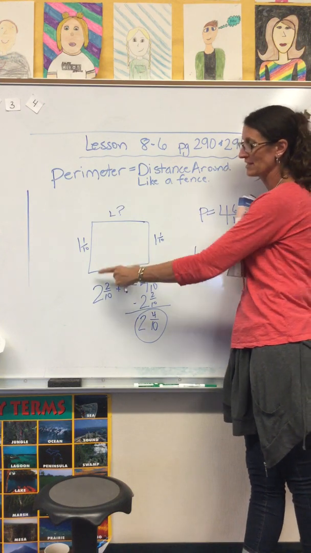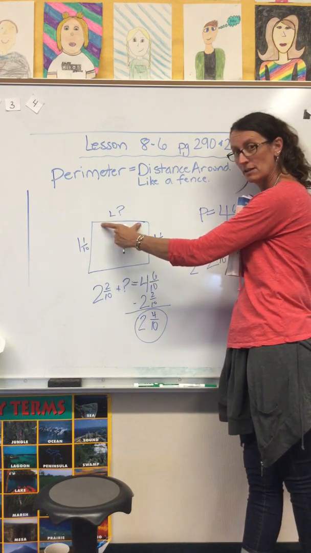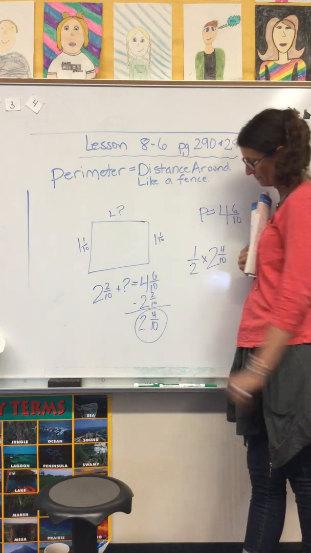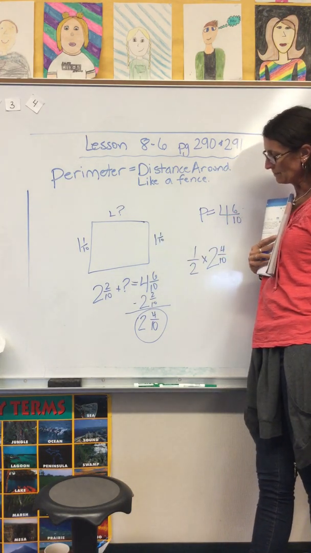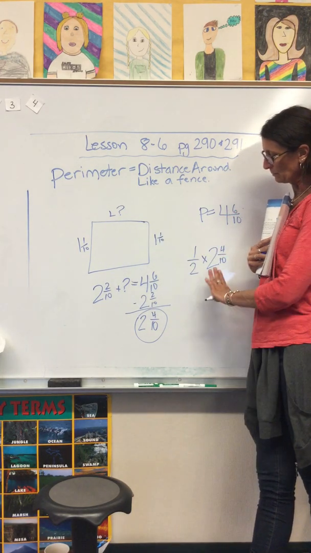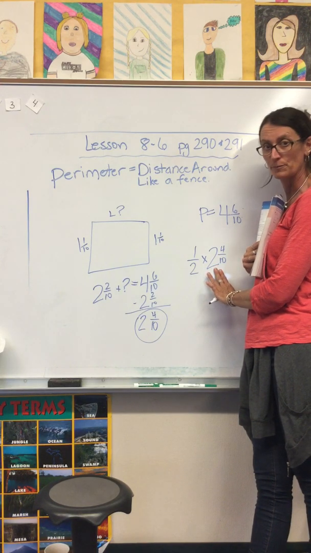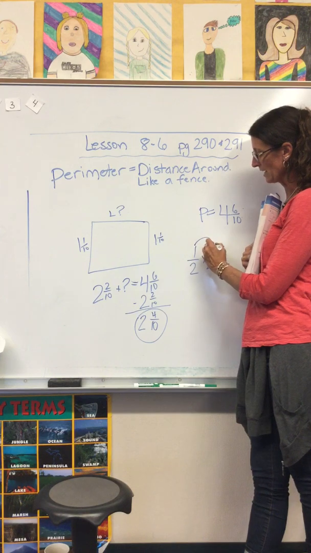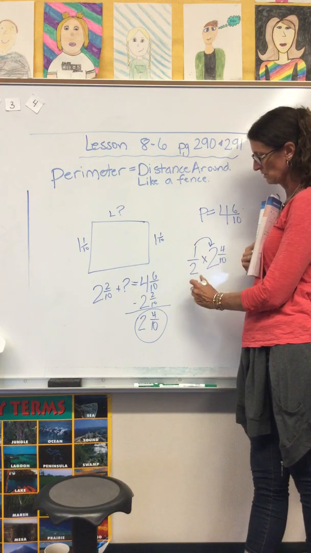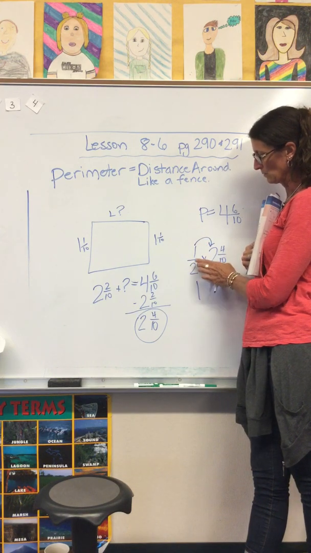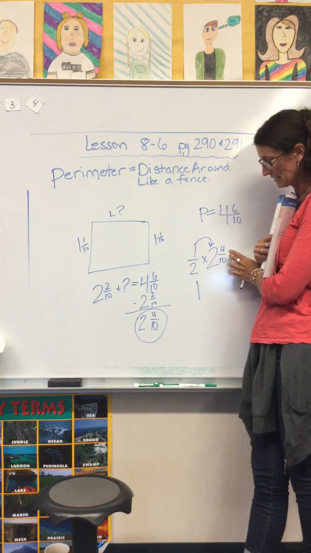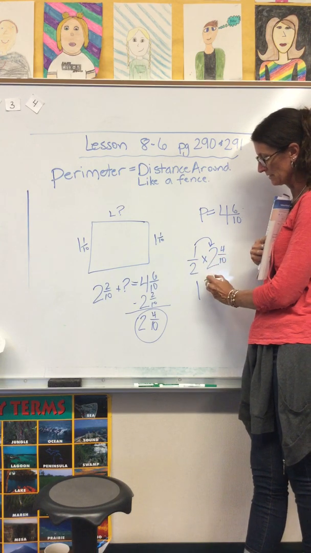But I know that this is half of it and this is half of it. So I can multiply by 1/2. Okay? And then by doing that, I'm splitting that 2 4/10 into 2. So I can do what's 1/2 times 2 is 1, and what's 1/2 of 4/10, and I will get 2/10.